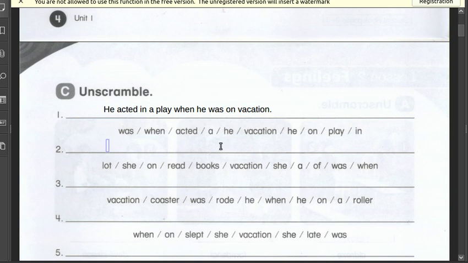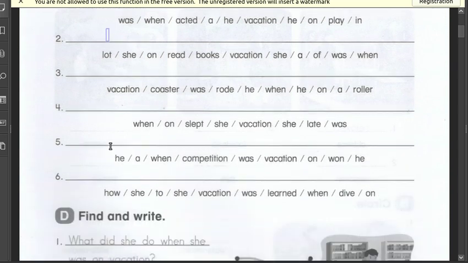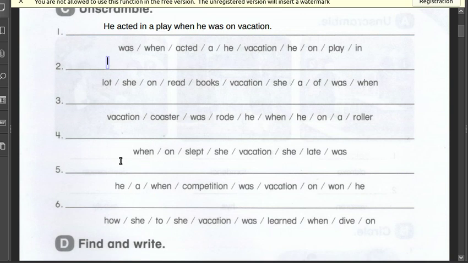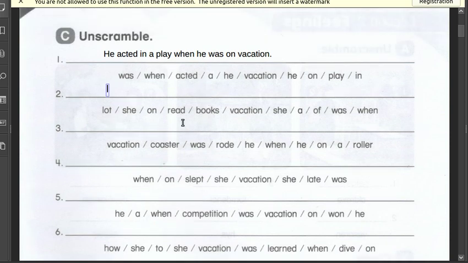On number 2, you have lot, she, on, read, books, vacation, she, are, of, was, when. So we can try to make the correct sentence here. So from number 2 to number 6, you unscramble the sentence and write the correct sentence into your book.